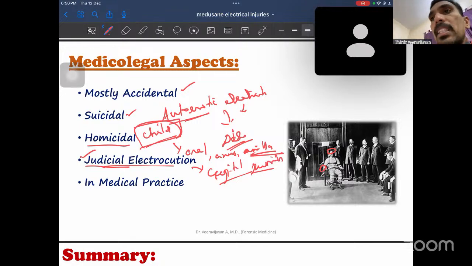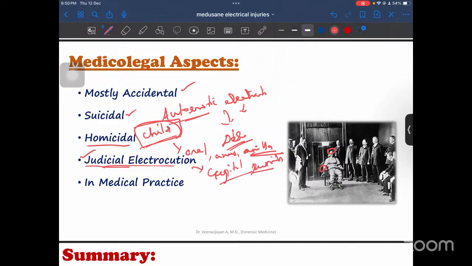Then the important thing is, in medical practice, under what conditions do we use electrical current? Defibrillator, another one is diathermy, and ECT, electroconvulsive therapy.